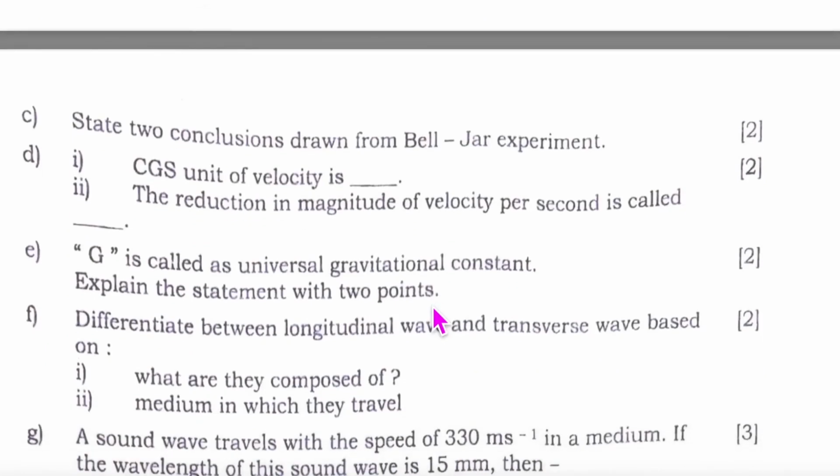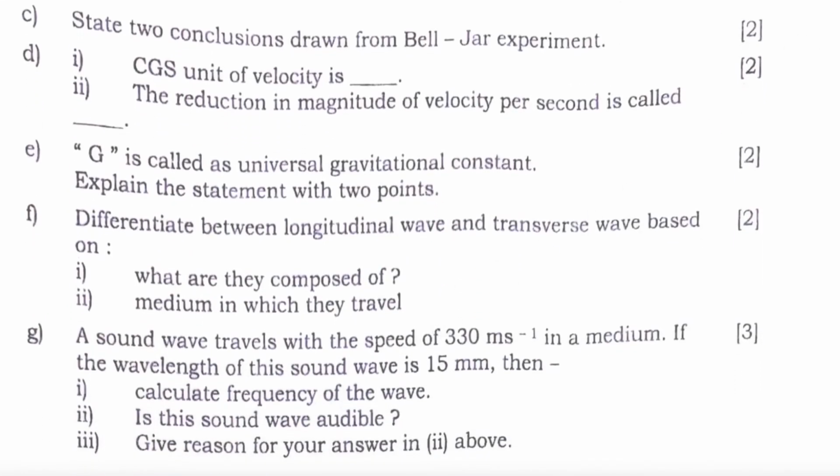Okay, we come to C. Can I go fast? State 2 conclusions drawn from bell jar experiment. So C, right over there, 2 conclusions, dash bell jar experiment. This is the question you are writing, and then below that write number 1 and number 2.